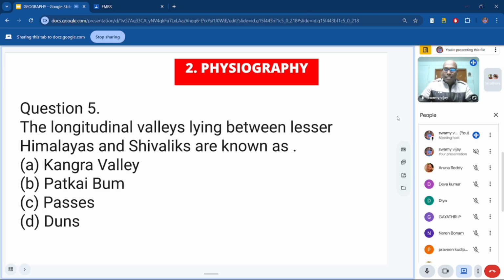Narendra sir. The longitudinal valleys lying between Lesser Himalayas and Shivaliks are known as A, Kangra Valley, B, Patkai Bum, C, Passes, D, Dunes. This one you need to find out. What do you call this one?